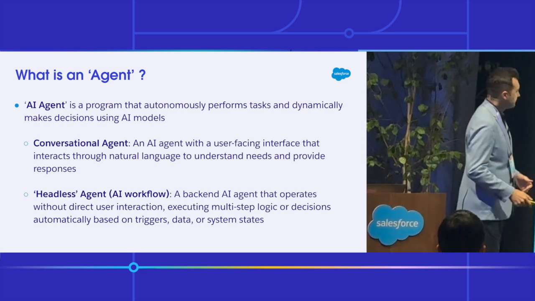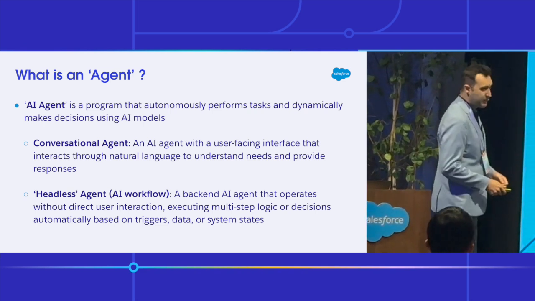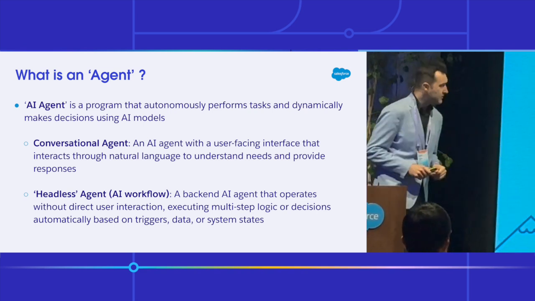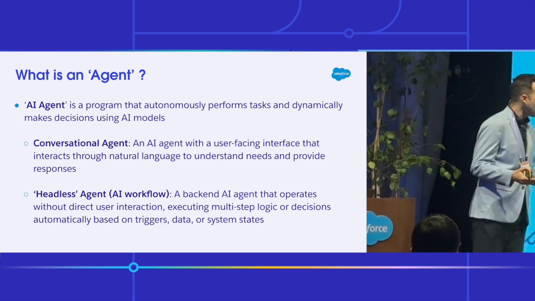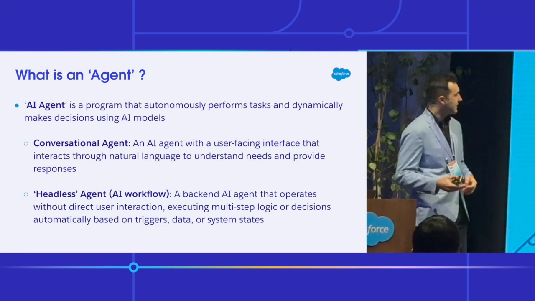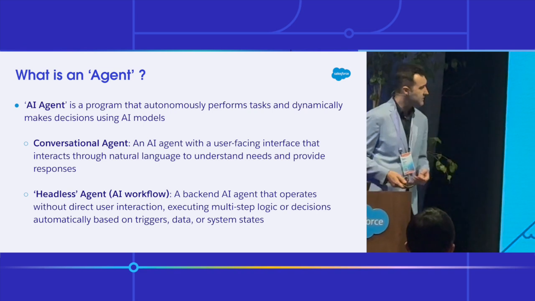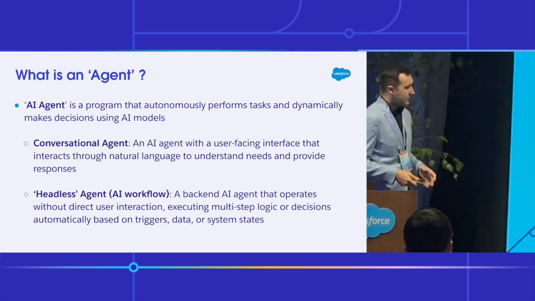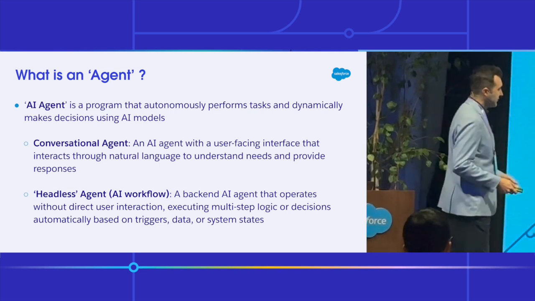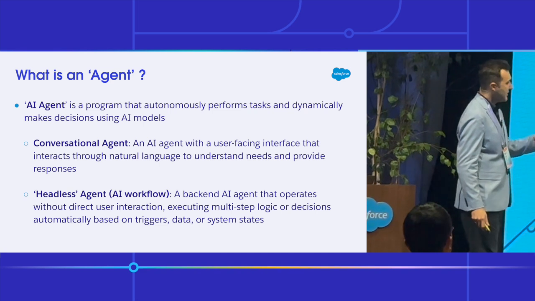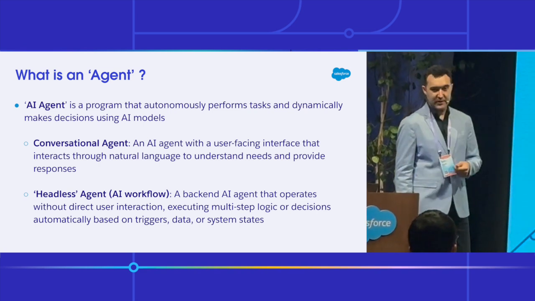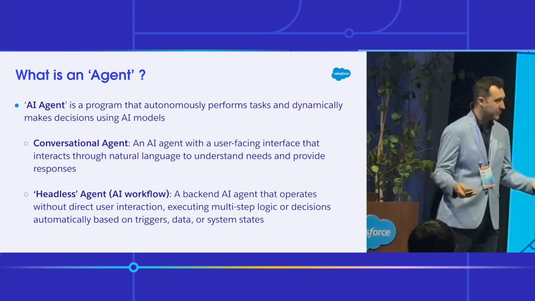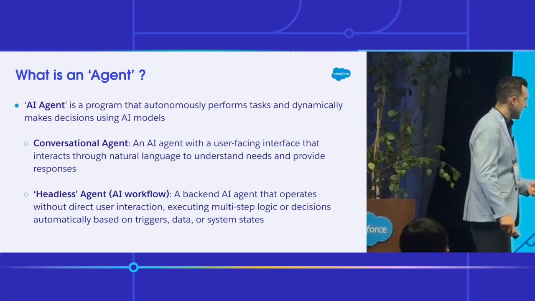What is an agent? Simply put, an AI agent, to be more precise, is a program that autonomously performs tasks and dynamically makes decisions using AI models. Within that, we differentiate conversational agents, an AI agent with a user-facing interface that interacts with natural language, like a chatbot fundamentally, but much smarter.